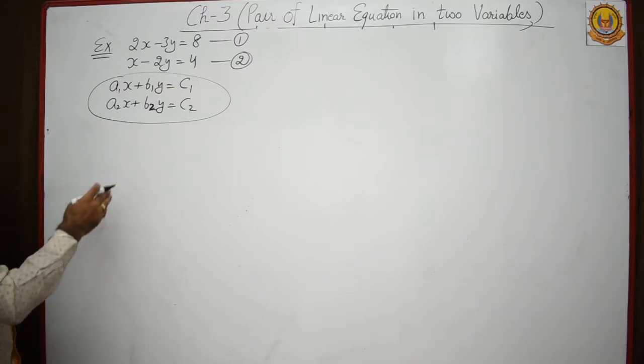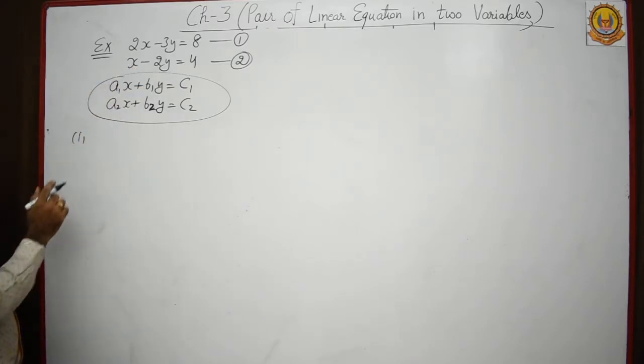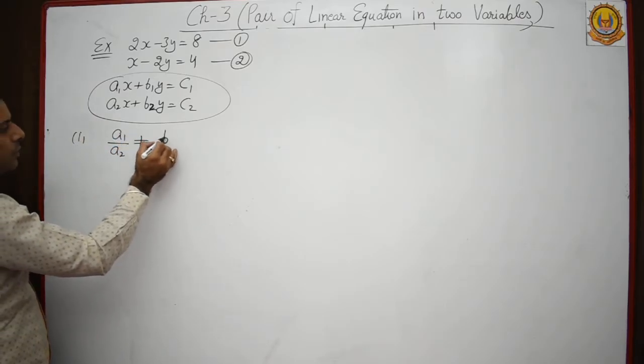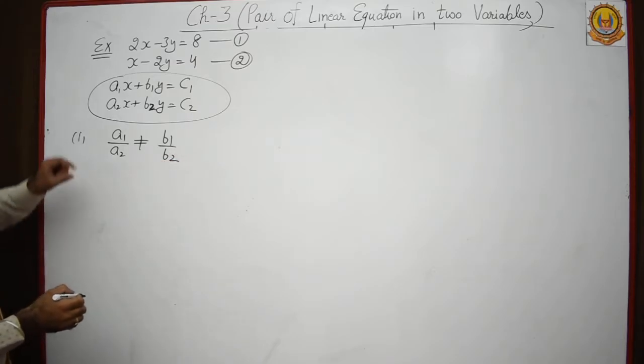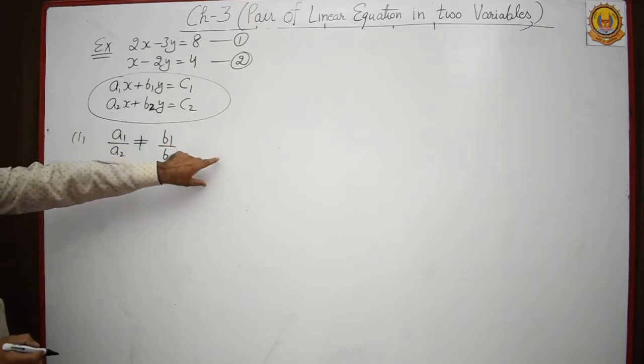Clear? I am going to take the ratios of these coefficients: a1 by a2, b1 by b2 and c1 by c2.